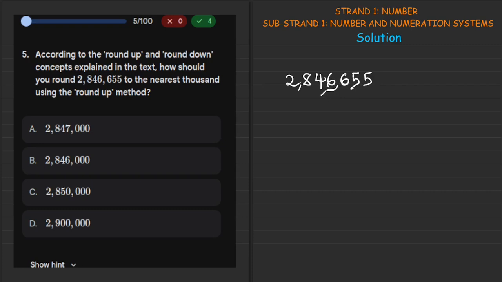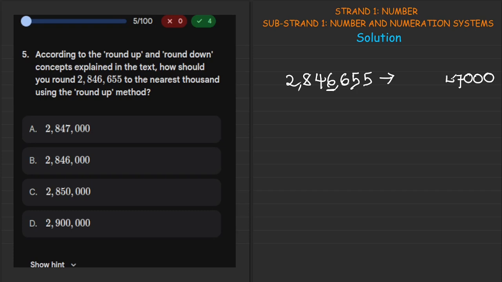Now, what we always do is, for rounding up, we always add 1 to that digit in the place value we are talking about. So we just add 1 to this digit. What do I mean by that? As we add 1 to this digit, we change all we have here towards zeros. So this 5 becomes a 0. This 5 also becomes a 0. The 6 becomes a 0. And then we are now here. So this 6 plus 1 gives us what? A 7.